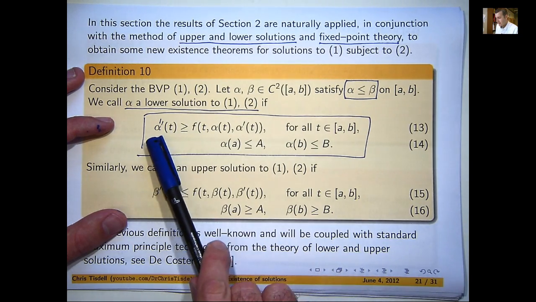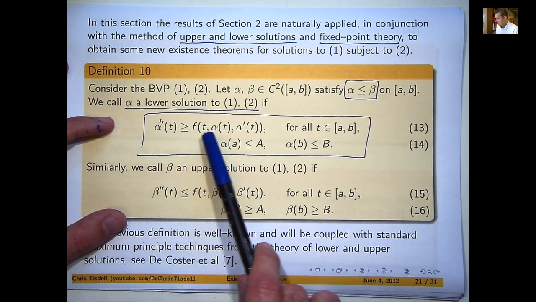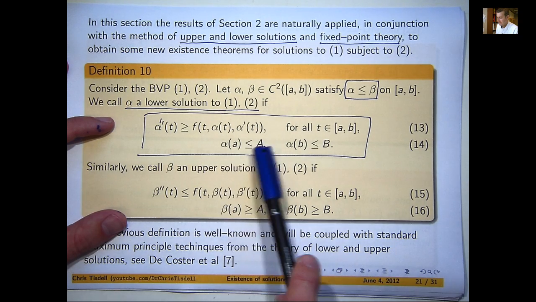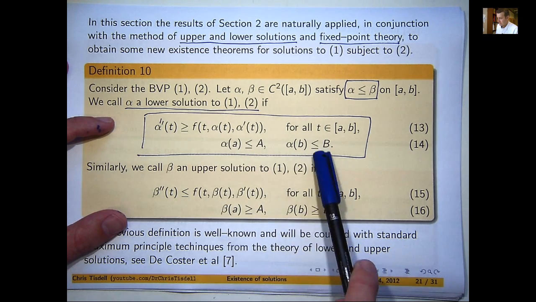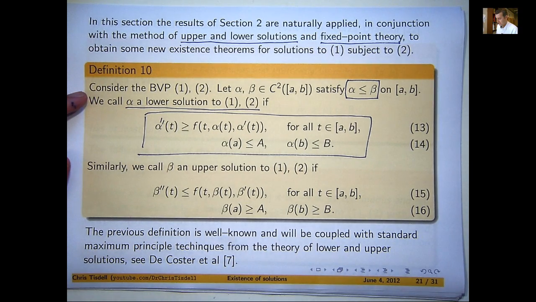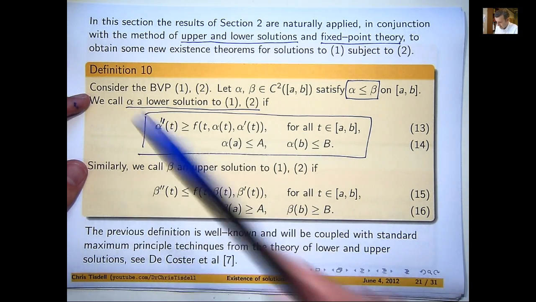Alpha double prime is greater than or equal to f of t comma alpha prime, and alpha of little a is less than or equal to big A, alpha of little b is less than or equal to big B.